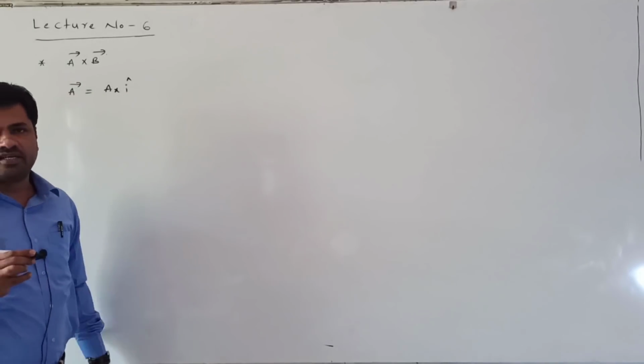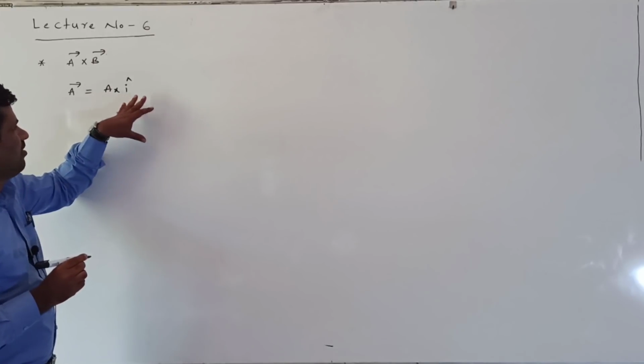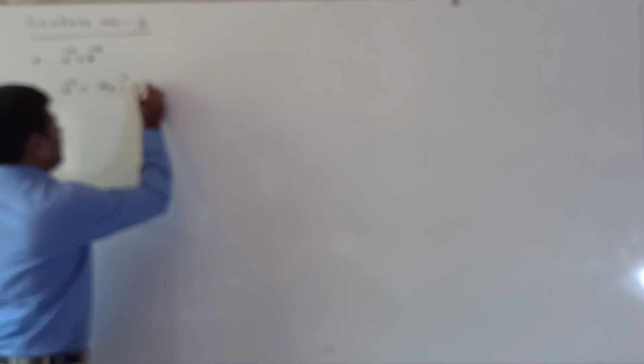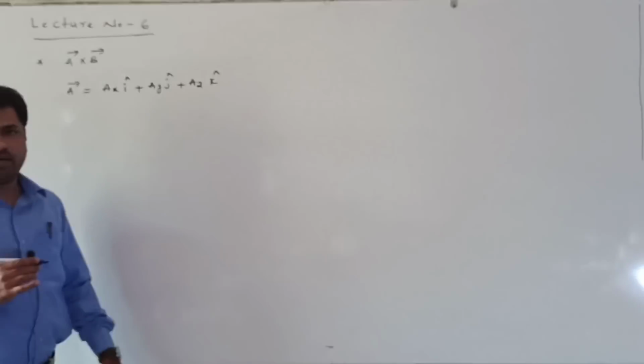Now here, A bar is equal to, we are writing in the rectangular components, along the x axis, y axis and z axis, or x, y, z components: ax i cap plus ay j cap plus az k cap. This is vector A bar.